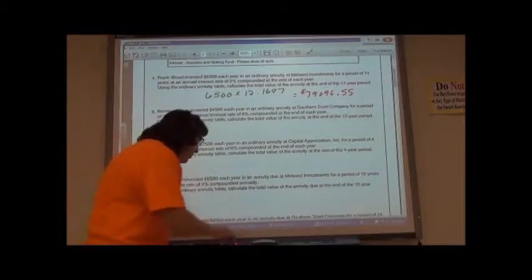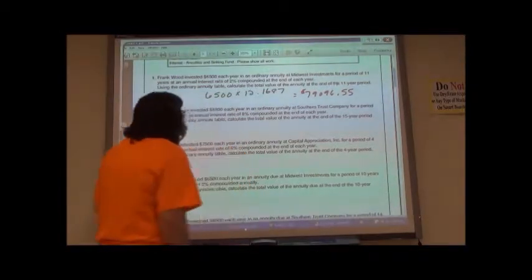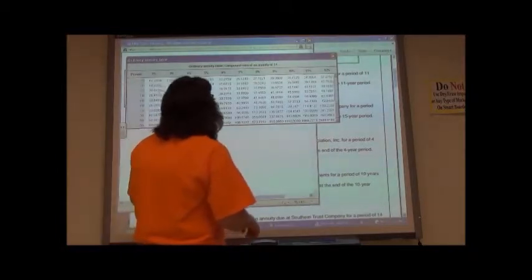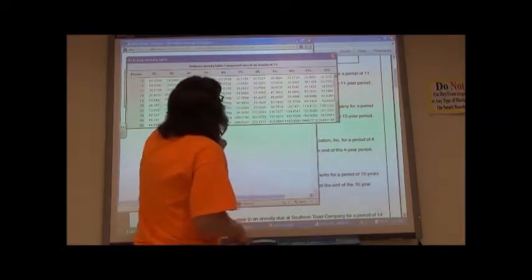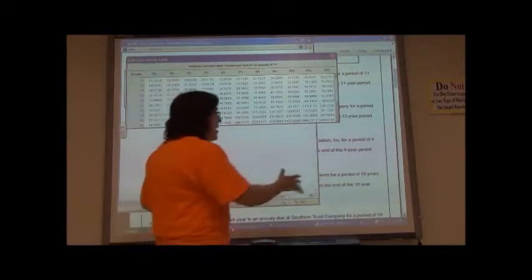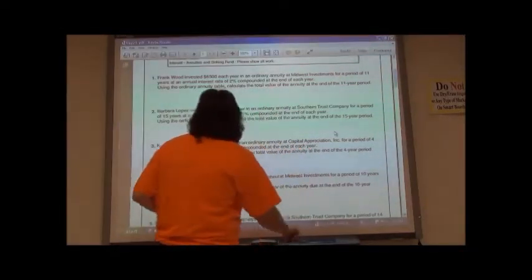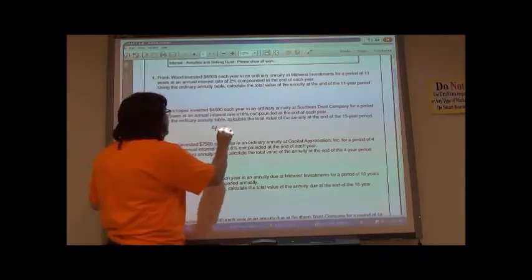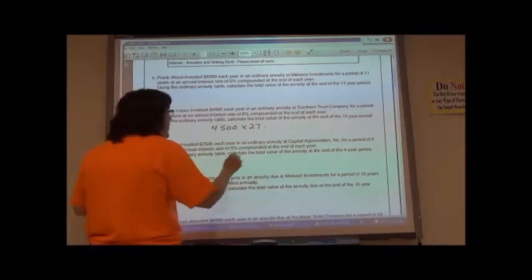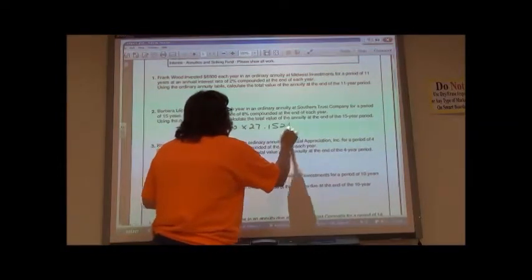We got to look over here at our table. So 8% for 15 years, 27.1521. So I'm going to write that down. And if we go back to our page, we are going to take our $4,500 each year times our 27.1521.